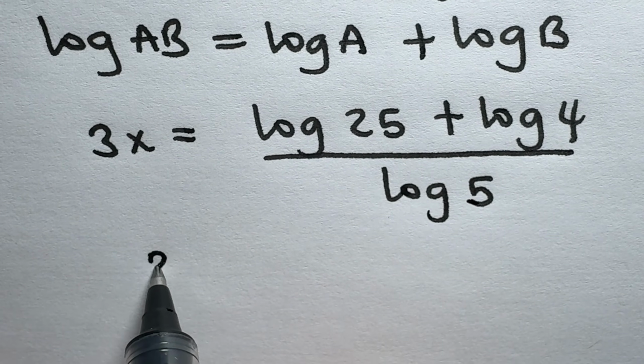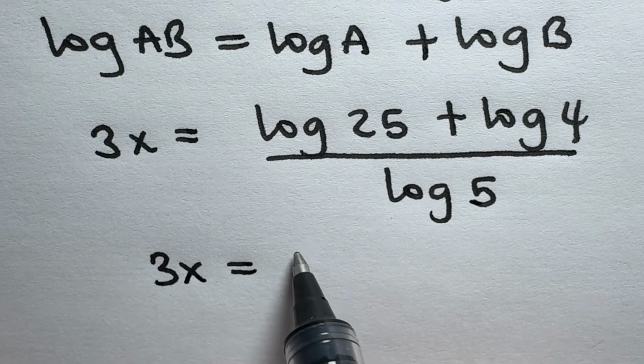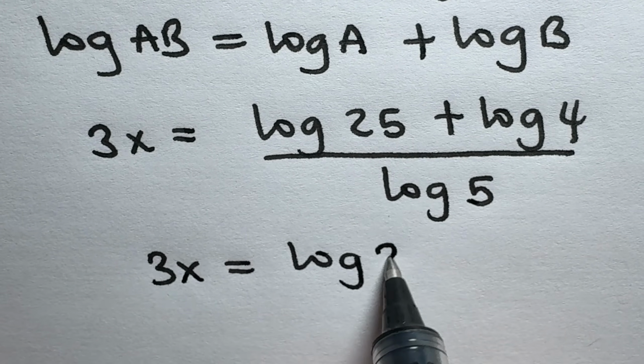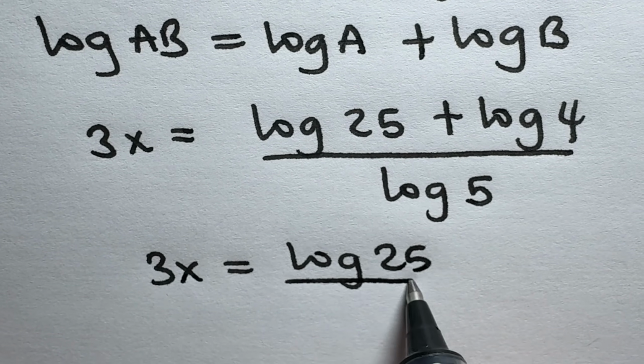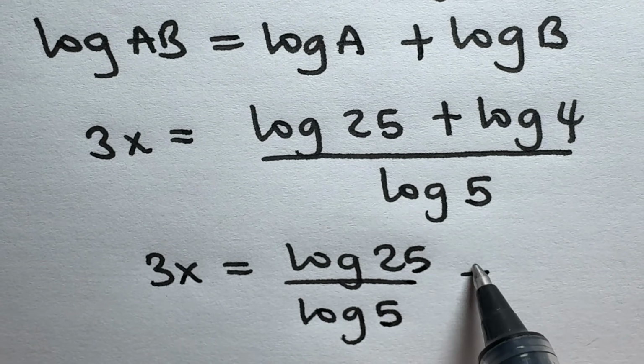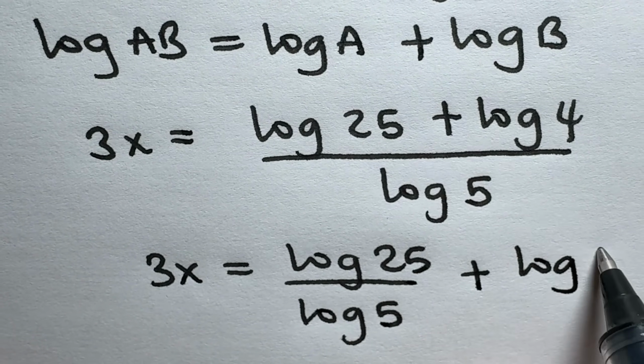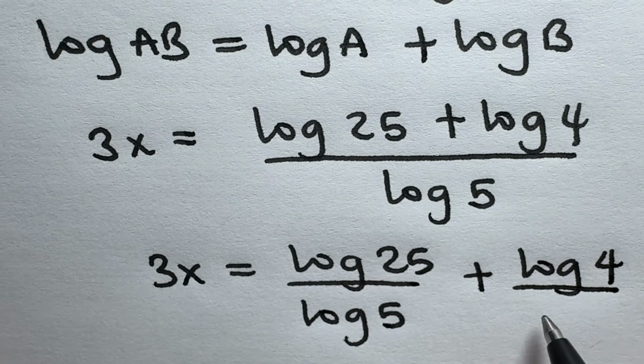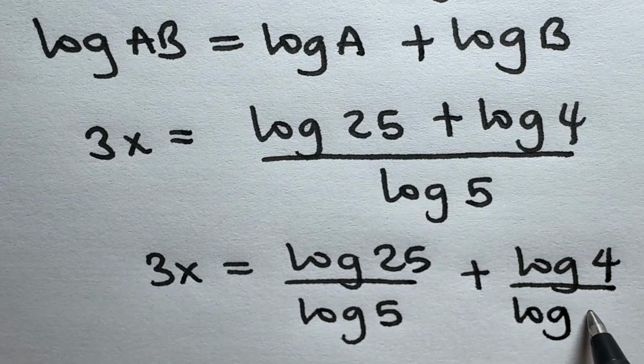So 3x is equal to log 25 divided by log 5 plus log 4 divided by log 5.